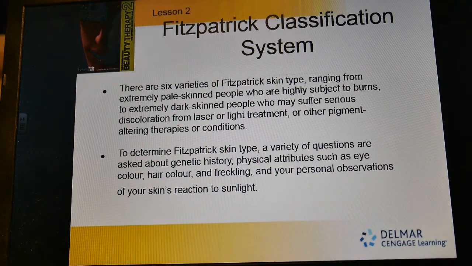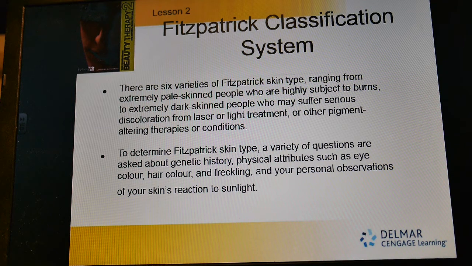Okay, the next thing is something that I need to talk to you about. There is something called the Fitzpatrick classification system. It was designed and founded by Dr. Fitzpatrick, so it's something you can look into a little bit more. But it's all really about how photosensitivity works, so how different skin types react to ultraviolet light and how they're affected.